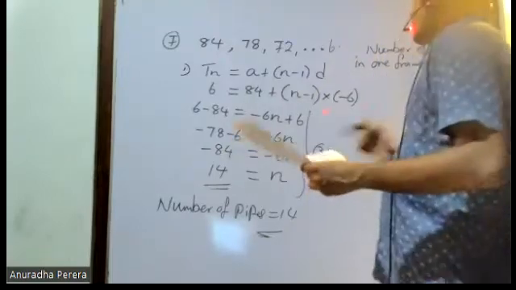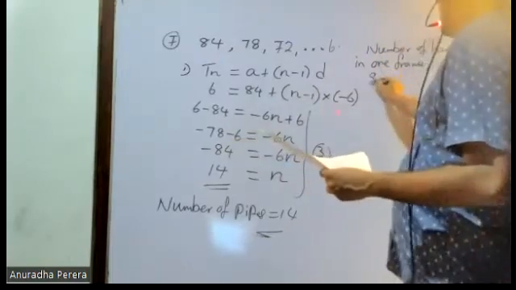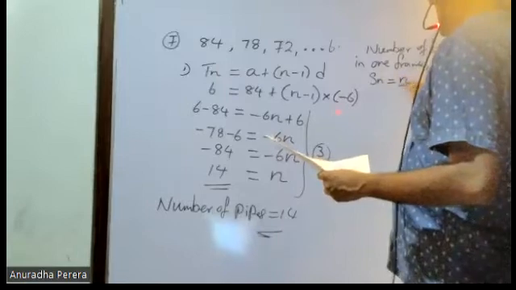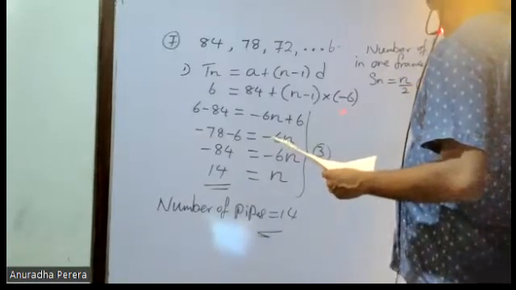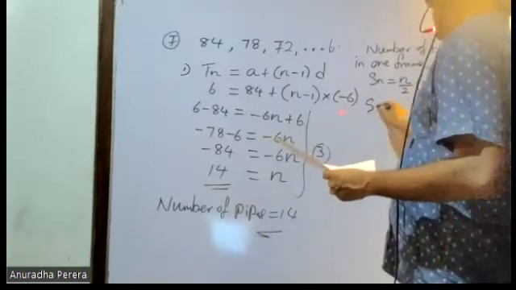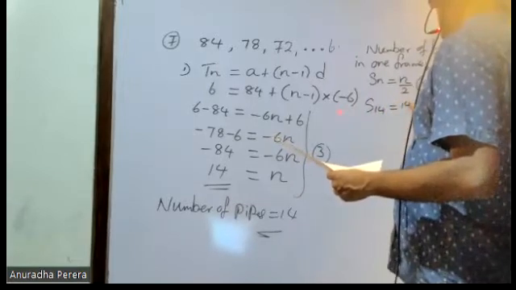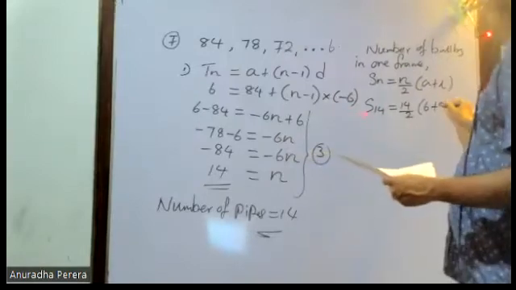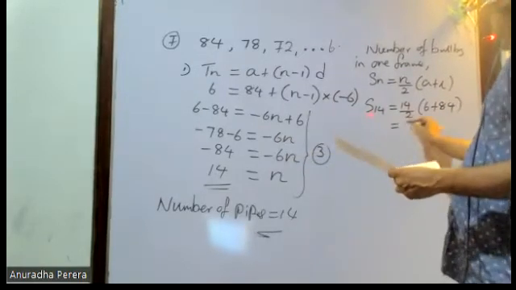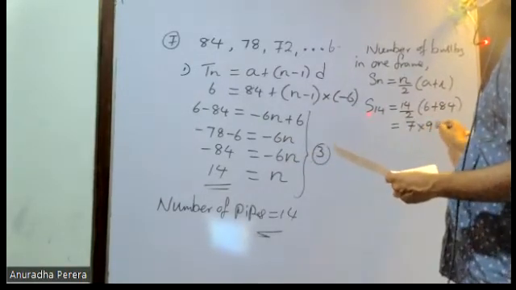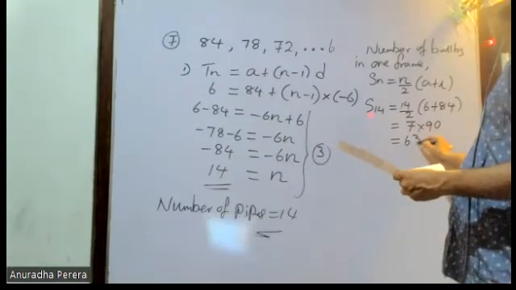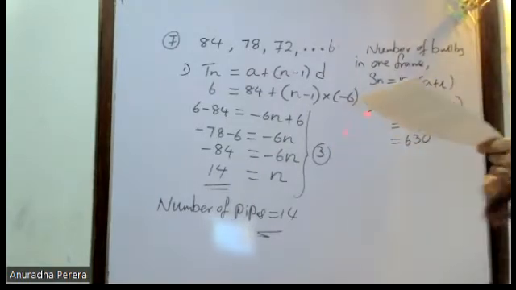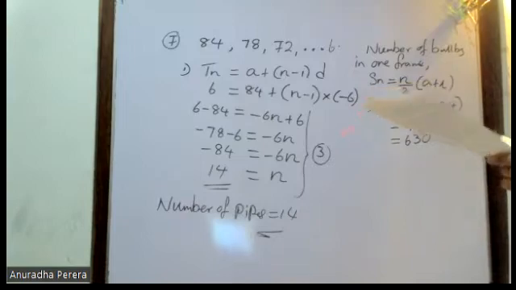You can use Sn equals n over 2 times (a plus l). The number of pipes we need is 14. 14 over 2 times (6 plus 84), which is 7 into 90, 630. Right, 10 such frames.